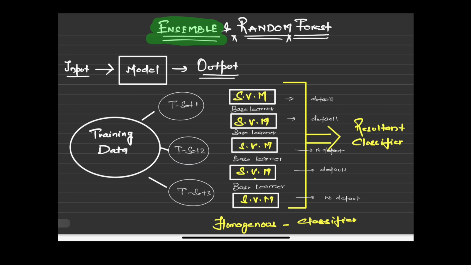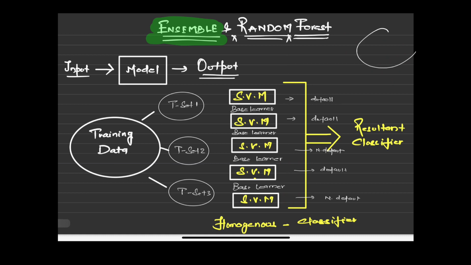So basically what you're doing is bootstrapping your training data. Let's understand what the bootstrapping method is. In very simple terms, you randomly select a pre-specified number of data points from your data. That's the bootstrapping.